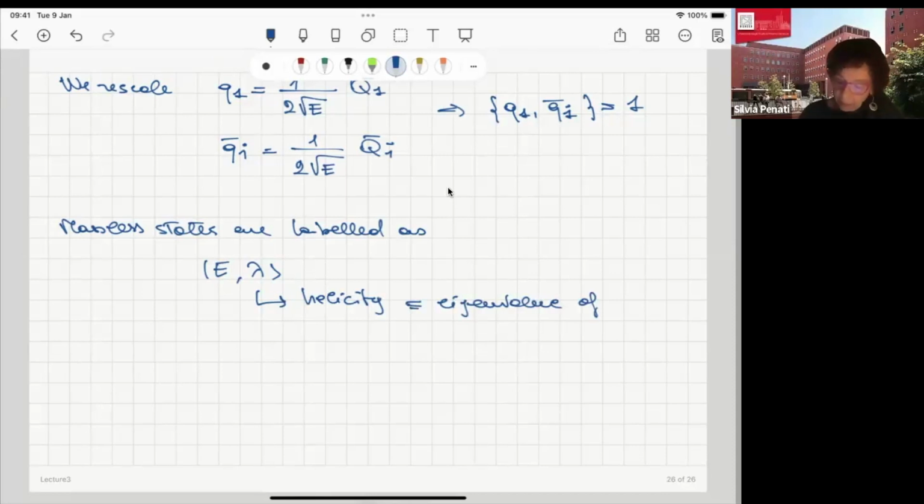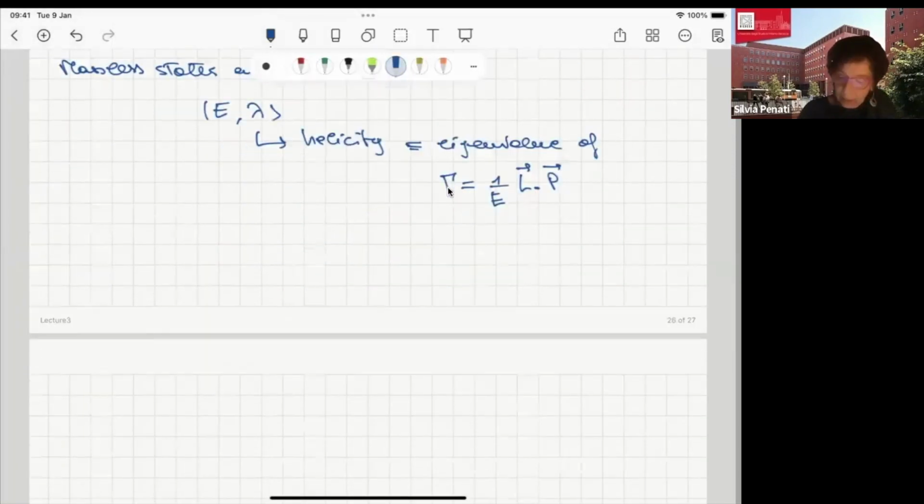The helicity operator, you should know, basically measures the projection of the spin along the direction of motion. So up to a normalization, this is nothing but L dot P. Well, L is the angular momentum. In terms of, so vector L is L1, L2, L3, which is M23, M31, M12.